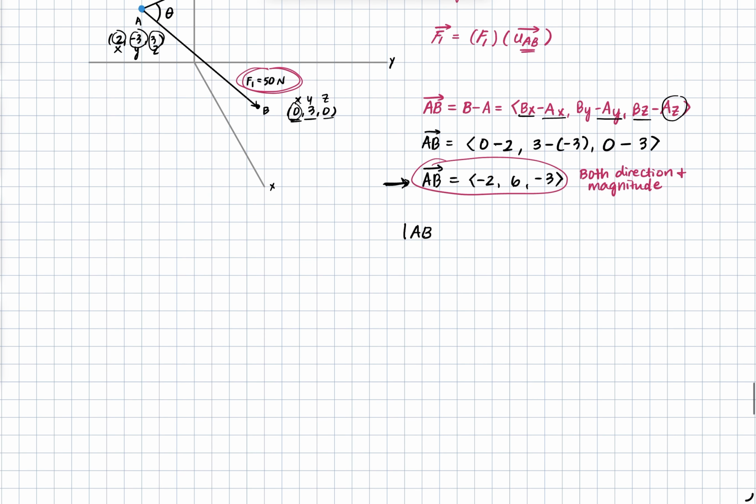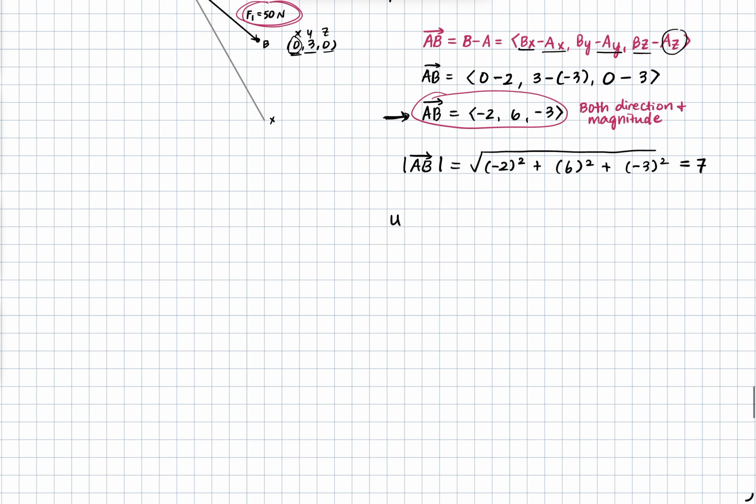AB's magnitude, which we represent with these absolute value signs, is the square root of negative 2 squared plus 6 squared plus negative 3 squared. If I plug this in, I get 4 plus 36 plus 9, so I get 7 for my magnitude.